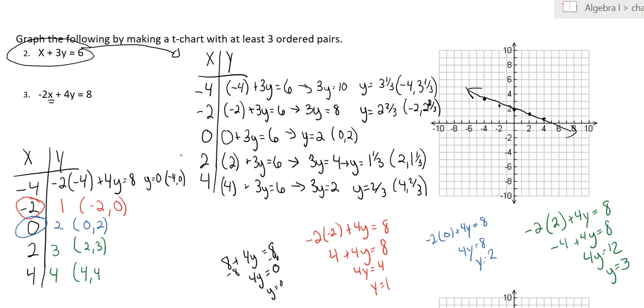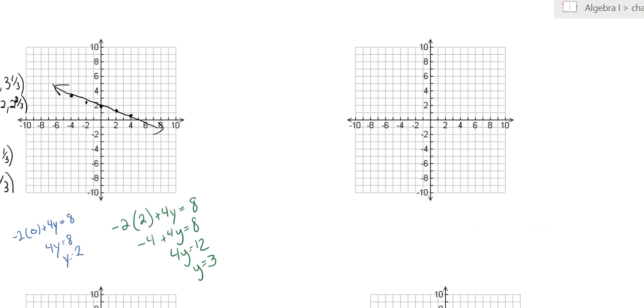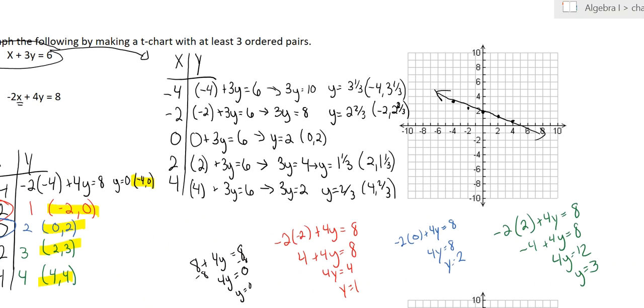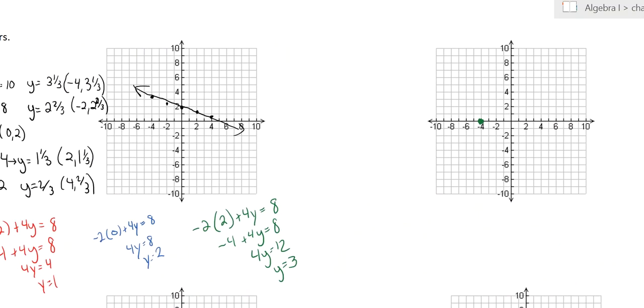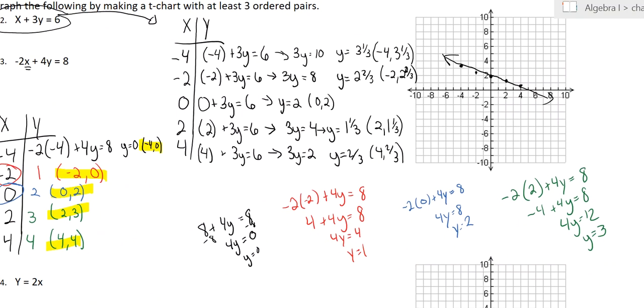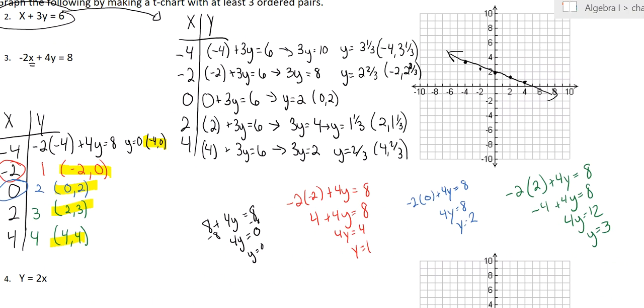So now what I'm going to do is take each one of my coordinate points and put them on the graph. So the first one is negative 4, 0. Let me put that down right there. The next one is negative, oops, I'm sorry, I miswrote that. The next one should be negative 2, 1.